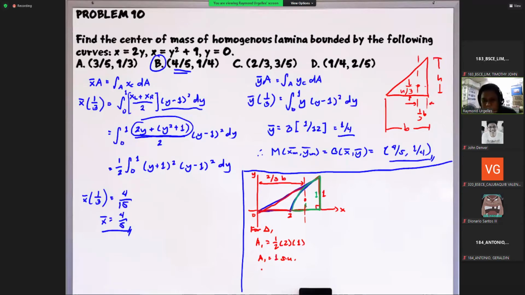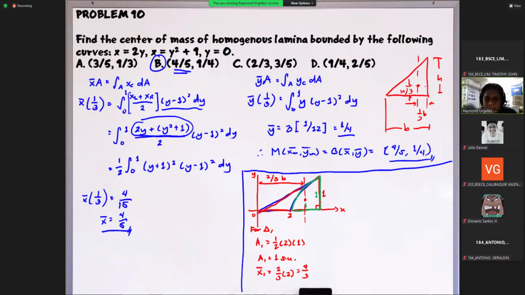So our x1 bar will be given by 2/3 of 2 units, so 2/3 times 2, which is equivalent to 4/3. Sorry, this is x, not y, because it is the distance from the y-axis.